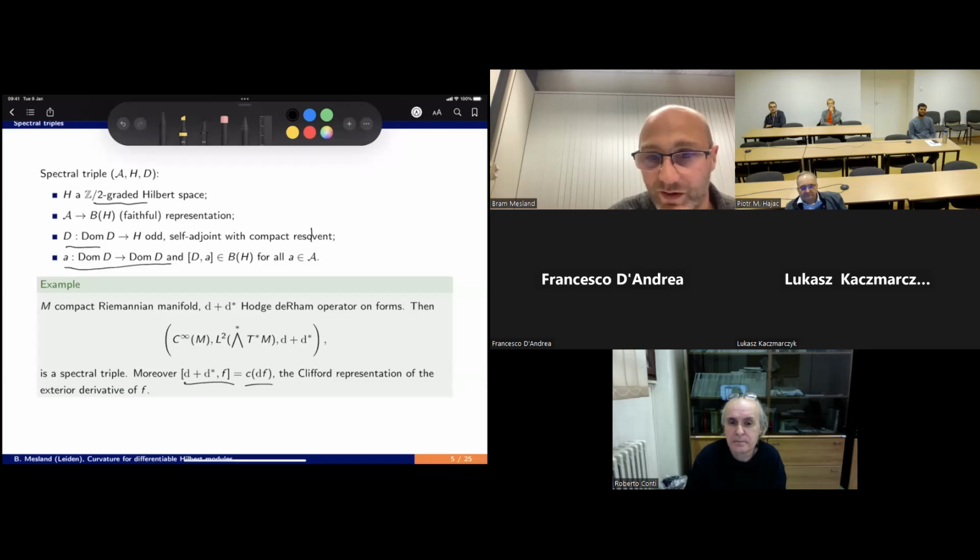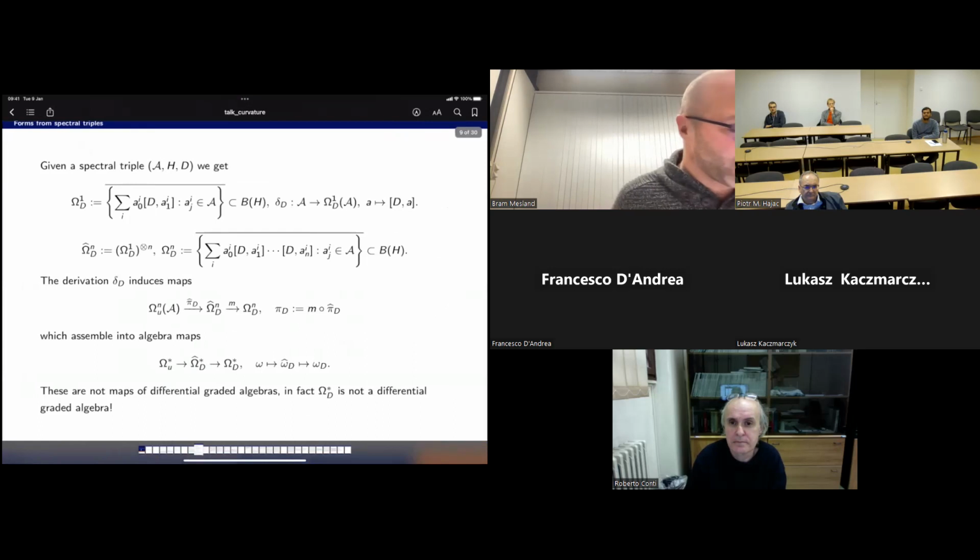So here we really see that the calculus on M is represented, or is hidden, if you will, in this spectral triple. So this means that one forms of functions are expressible as such commutators, and that is one of the cornerstone ideas behind Connes' proposal of studying spectral triples as non-commutative manifolds.